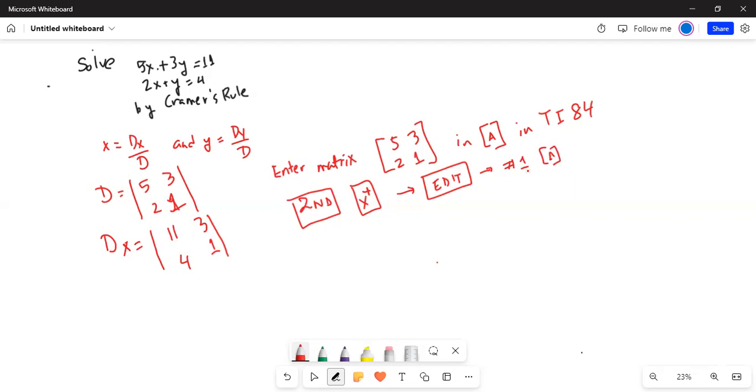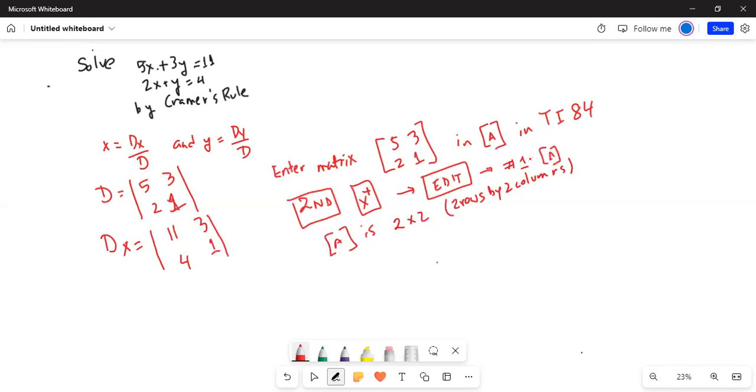Matrix A is a 2 by 2 matrix, meaning 2 rows by 2 columns. So in the top row, first type 2, then enter, then 2, and then enter.